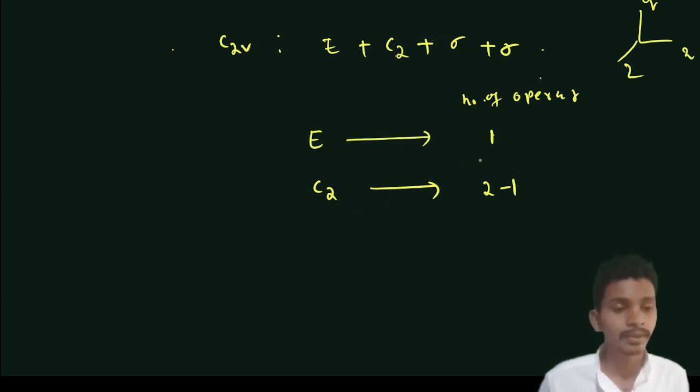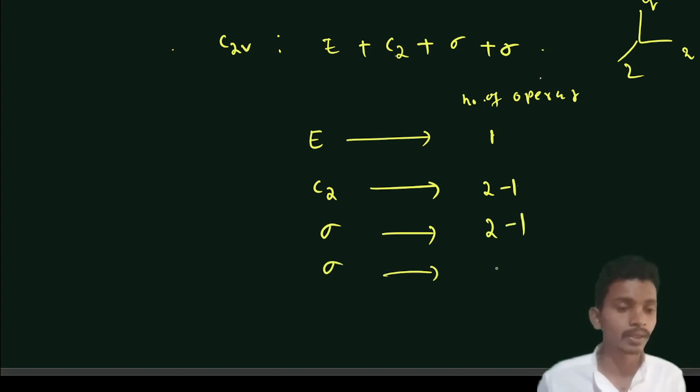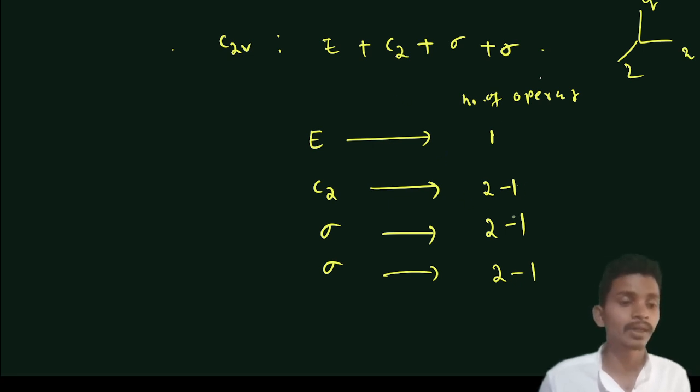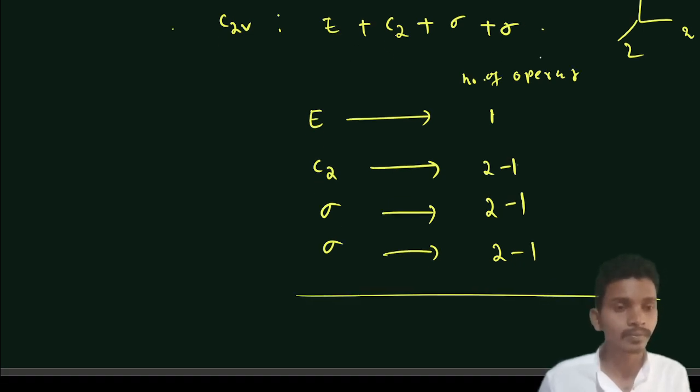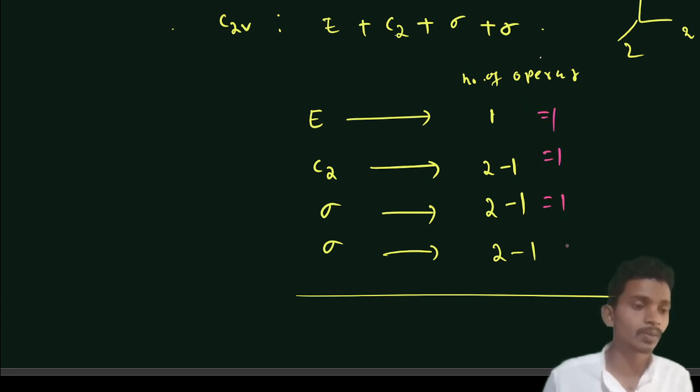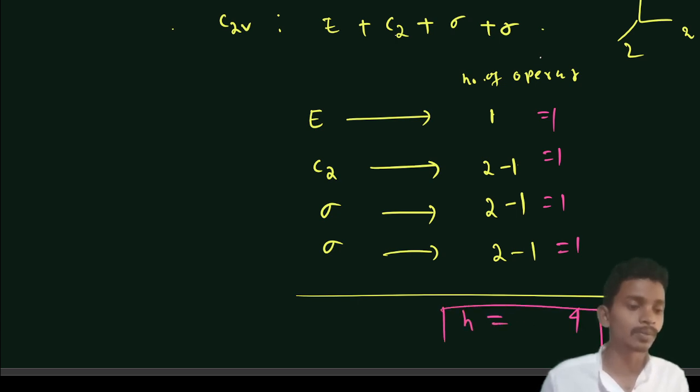Similarly for sigma, 2 is needed, so I again subtract 1. For the other sigma, again 2 minus 1, because E is already included. So in the group, we subtract 1 for C2 and each sigma. So the number of operations needed is 1, 1, 1, 1, so the total is 4. So the order of the group C2v is 4.